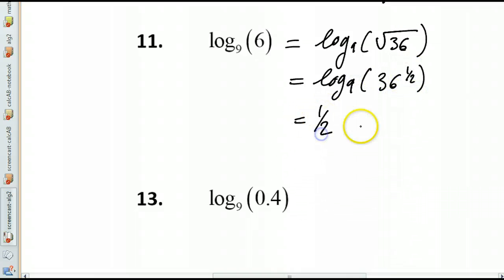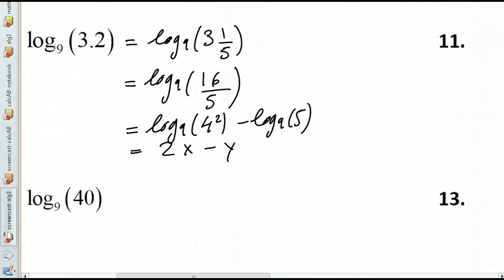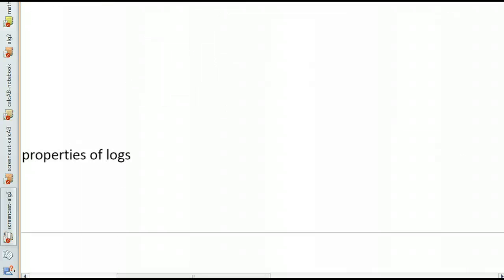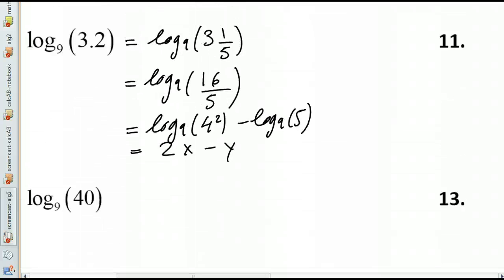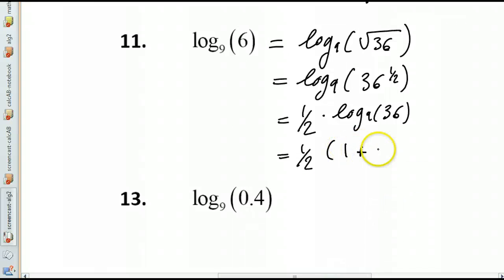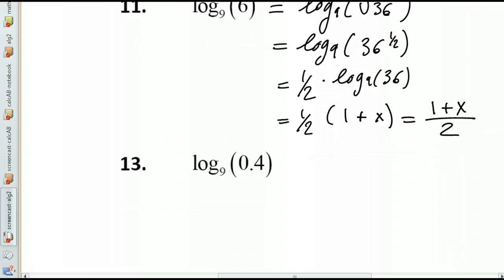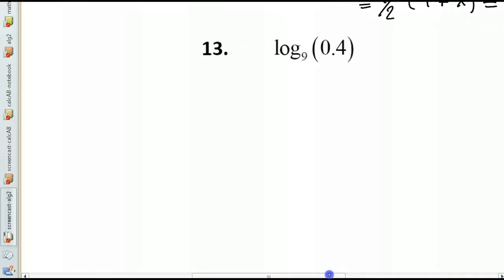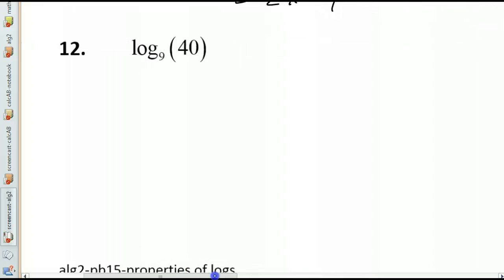The 1/2 goes in front. 1/2 log base 9 of 36, which we computed before. So it's 1/2 of log base 9 of 36, which is 1 plus x, right? Right here. 1/2 of 1 plus x, which we would write 1 plus x over 2. Okay, all right, I'll finish this problem here and then I'll make another video for the other ones.